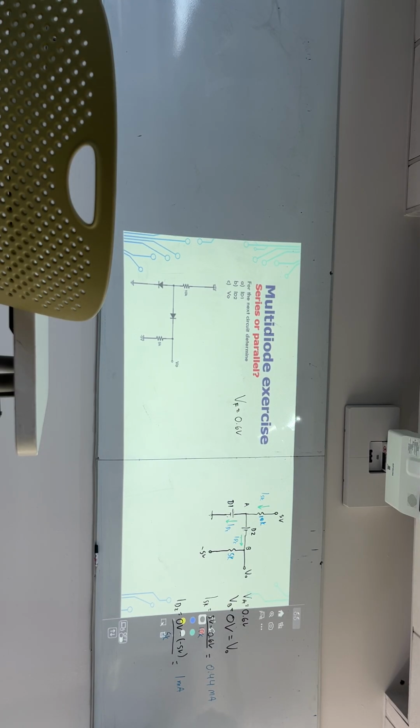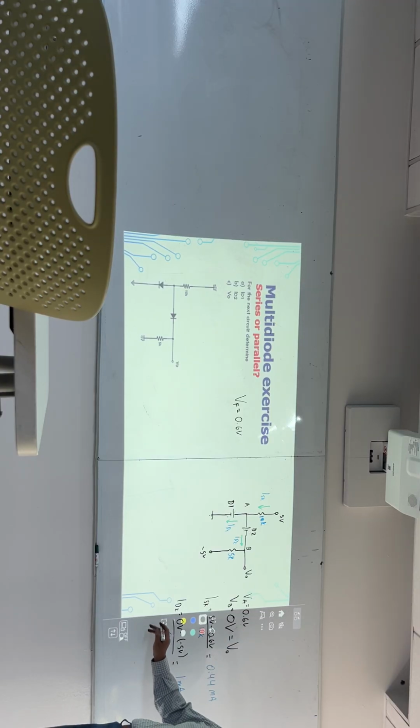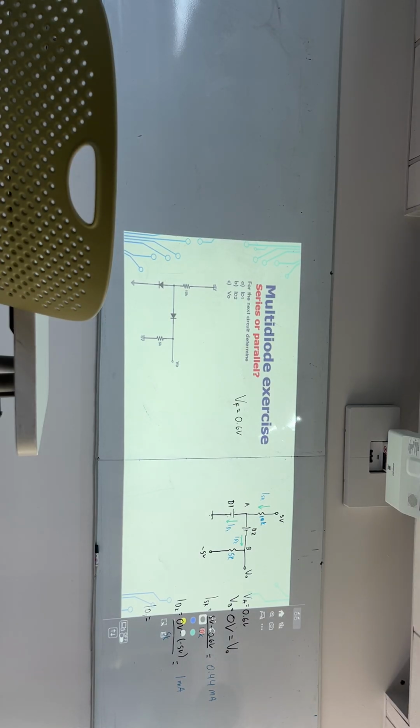B0 again is 0, right? Now, I think that we didn't finish the previous exercise because we didn't get ID1. So ID1 was 38 milliamps, right?